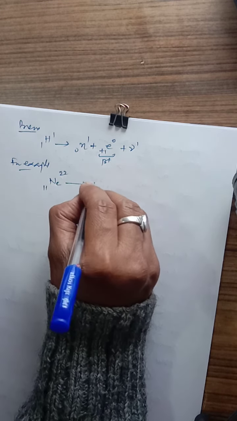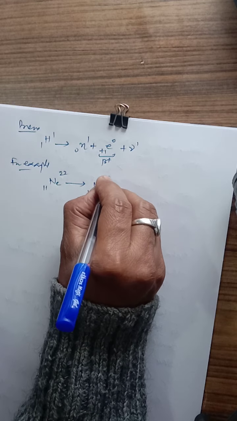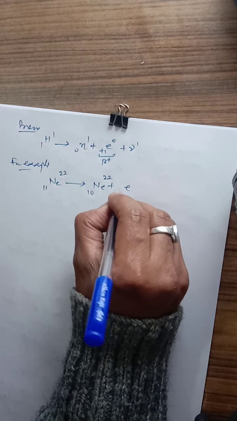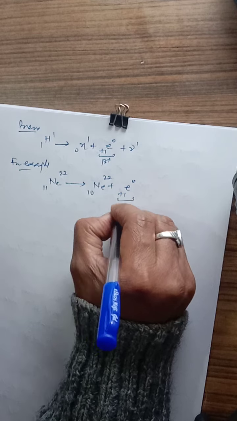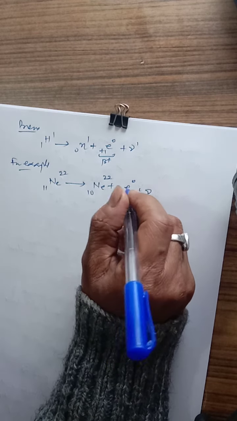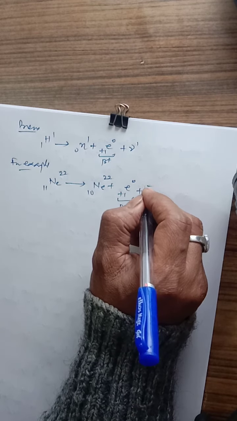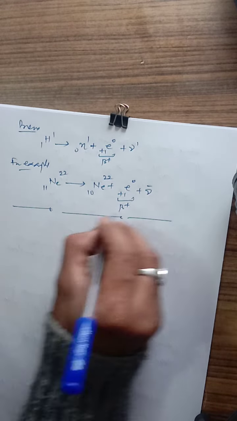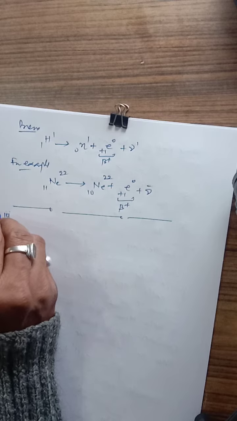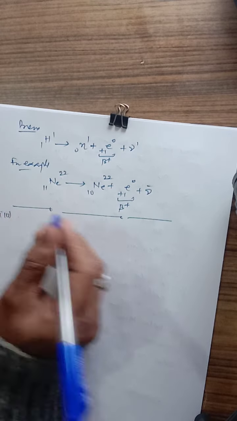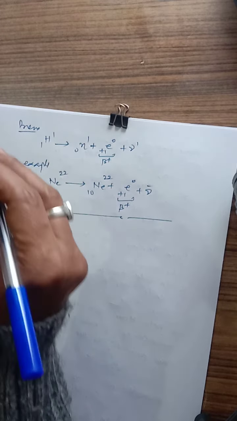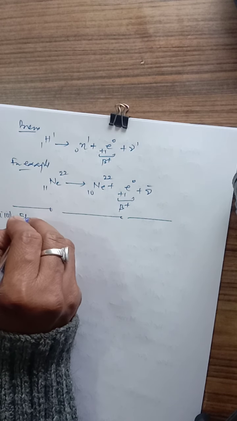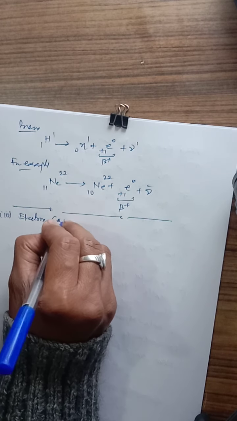It will split into neon 10, 22, plus e plus 1, 0. This is the beta plus and a neutrino. And the third one is the electron capture.